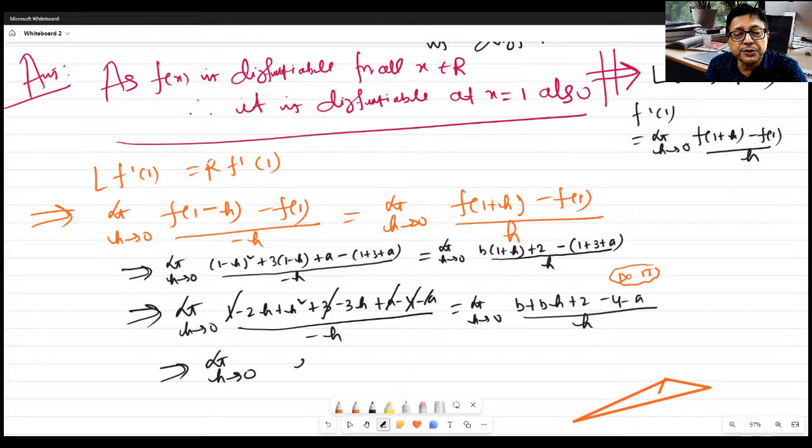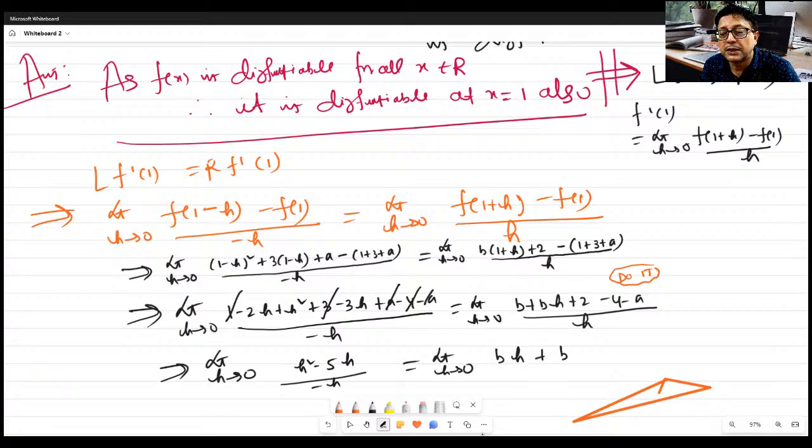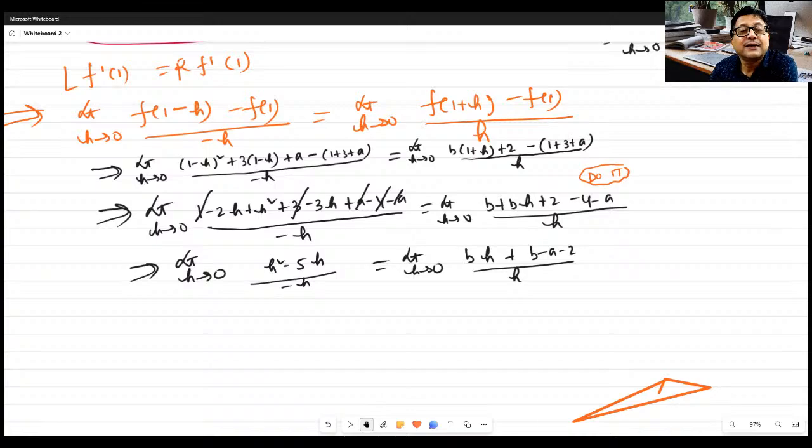So it will be the limit as h tending to 0 of (h square minus 5h)/(-h), equal to the limit as h tending to 0. This part has become a bit complicated. bh plus... but they said that it is differentiable at x equal to 1. So far we have reached this step. What next?